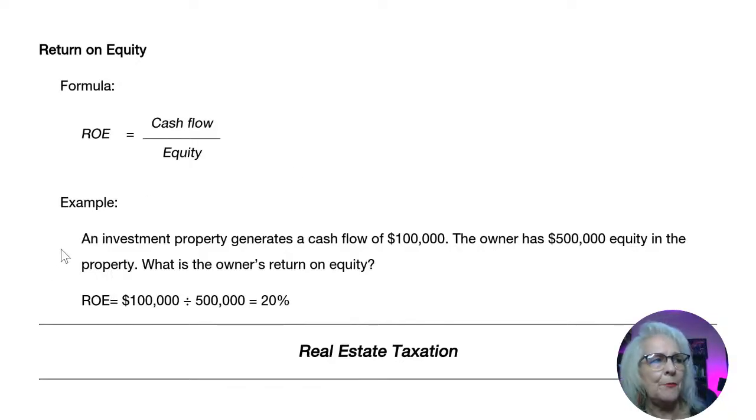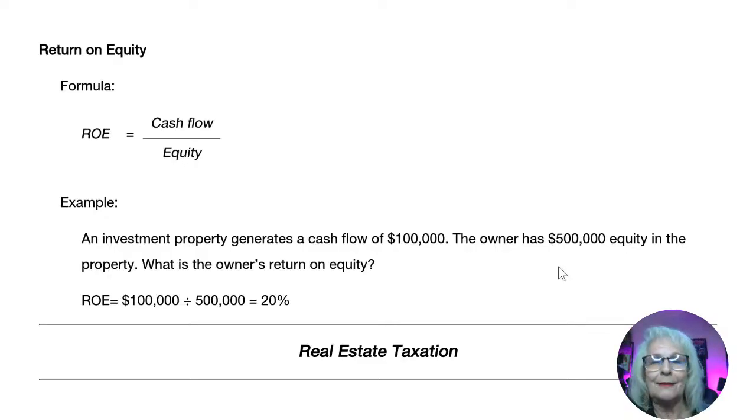So an example here: an investment property generates a cash flow of 100,000. The owner has 500,000 equity in the property. So the equity is what? It's the gain that they've had in the property from the market price increasing.